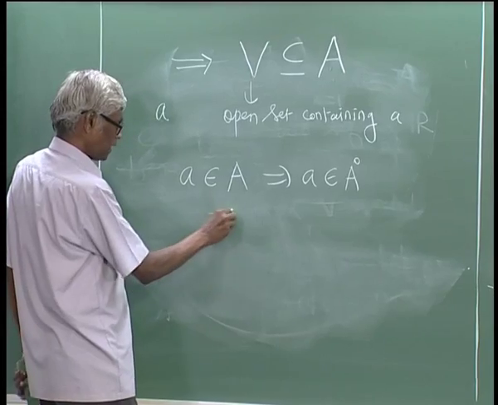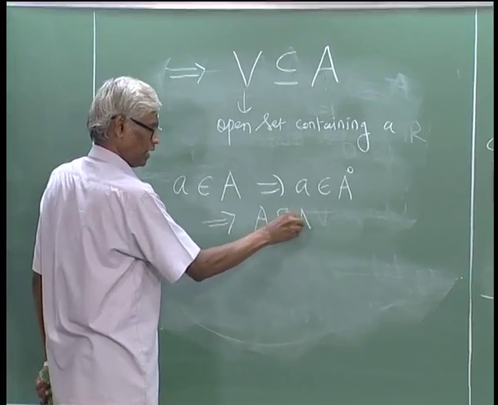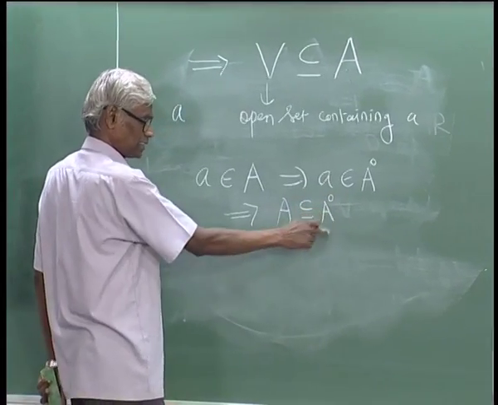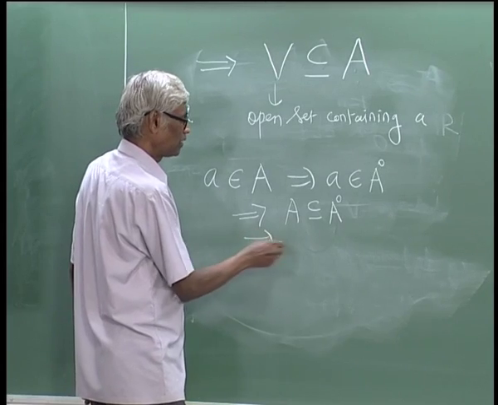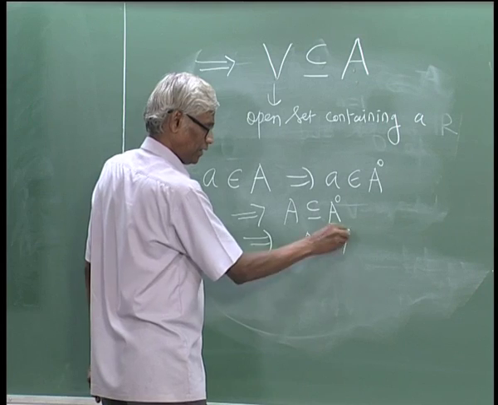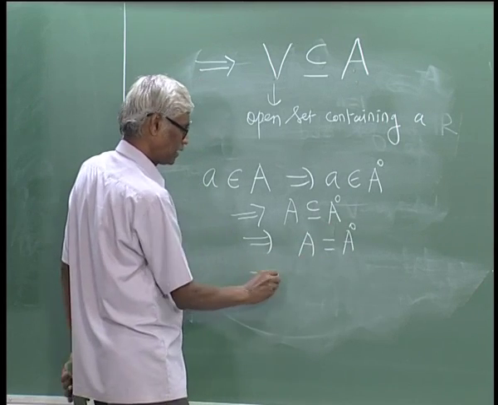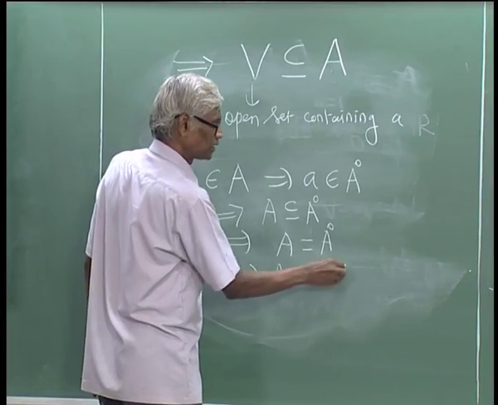So, that will imply A is a subset of A interior, but always A interior is a subset of A. So, that implies A equals A interior. This implies A is an open set.